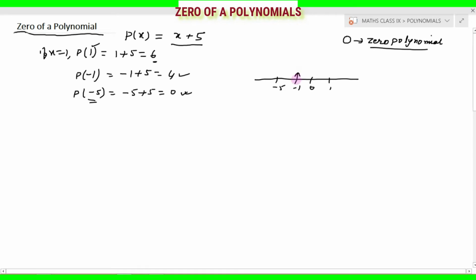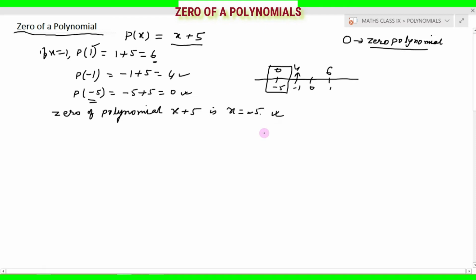The value of the polynomial at minus 1 is 4, at 1 it is 6, and at minus 5 it is 0. The point at which the value of the polynomial becomes 0 is called the zero of the polynomial. So the zero of the polynomial x plus 5 is x equal to minus 5.